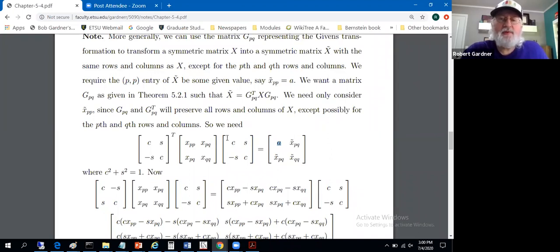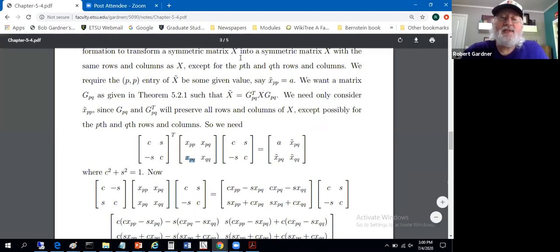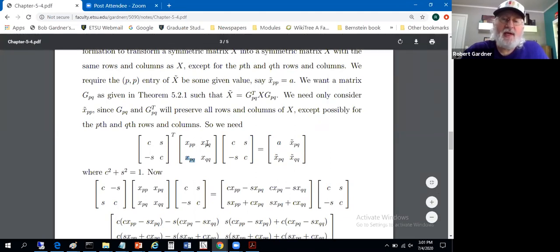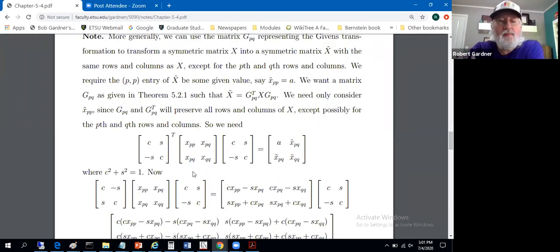So if you restrict yourselves to the appropriate entries of matrix X: X sub PP, X sub PQ, X sub QQ down here, and X sub PQ here as well, you were given that matrix X is symmetric. So I use the same thing in both of these to have fewer unknowns. When you do the multiplication, transposing and then the X matrix, and then the G sub PQ matrix, again only restricting our attention to that handful of little entries, we get this relationship.